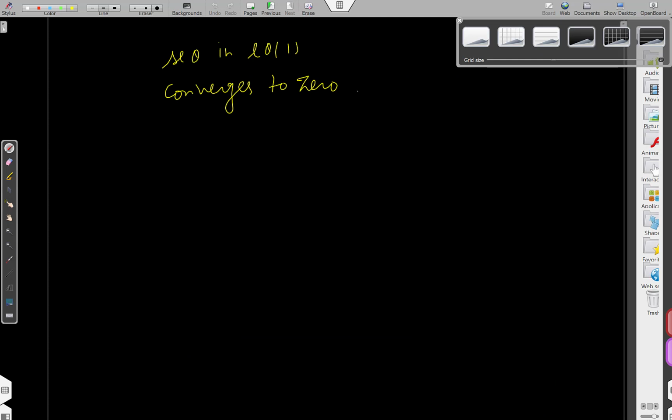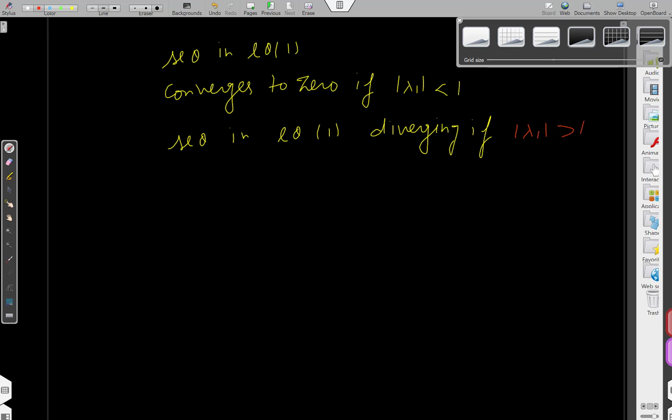So it is converging to 0 if mod of lambda 1 is less than 1, and the sequence in equation 1 is diverging if mod of lambda 1 is greater than 1, provided c1 is not equal to 0. So this is the condition we require.